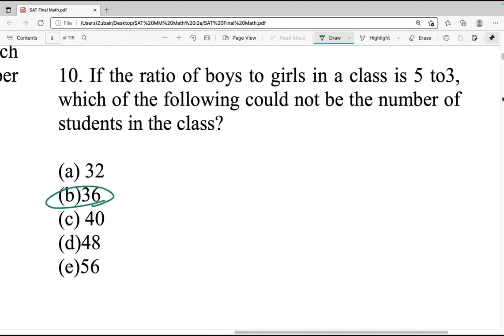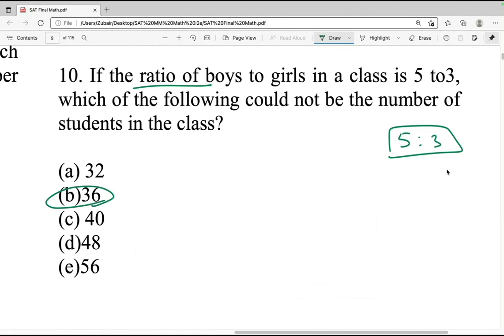If the ratio of boys to girls in the class is 5 to 3, they're all divisible by 8 except 36.